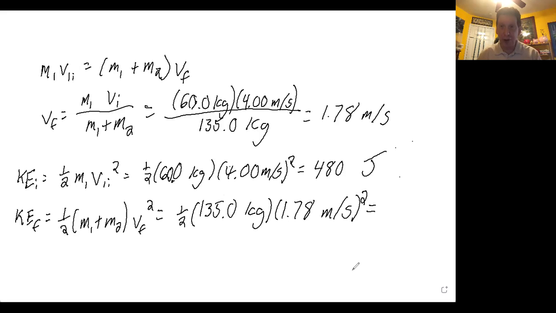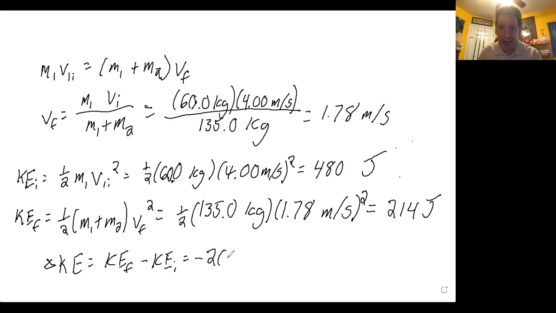And so you get 214 joules. So the change in kinetic energy is equal to the final kinetic energy minus the initial kinetic energy, which is equal to negative 266 joules.